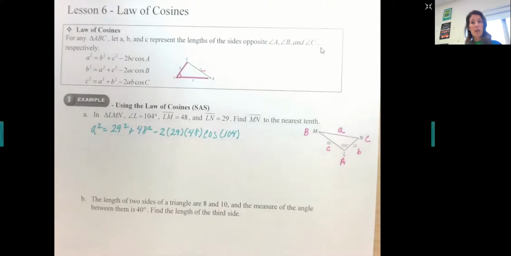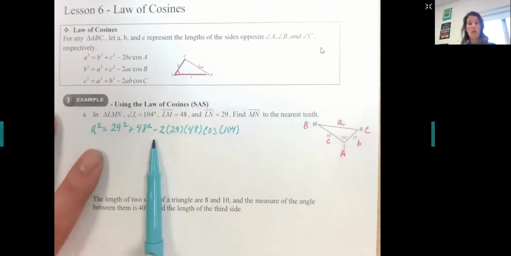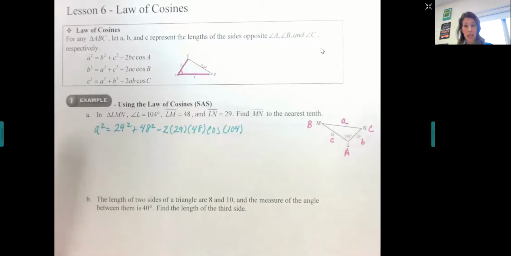Now, we are going to put it into our calculator exactly like this. If you write it like this, you can put it into your calculator exactly like this, and we don't have to be writing down everything.